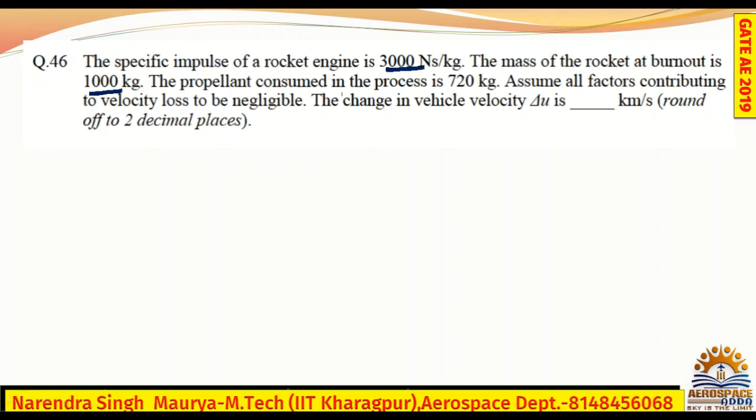The propellant consumed in the process is 720 kg. Assume all factors contributing to velocity loss to be negligible. There is no velocity loss, no gravity loss, no drag loss. The change in velocity, delta u, in kilometer per second, they are asking. Hope you understood this problem.